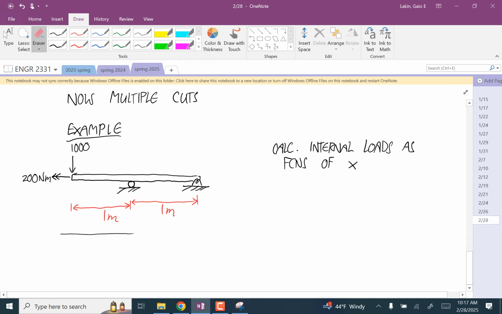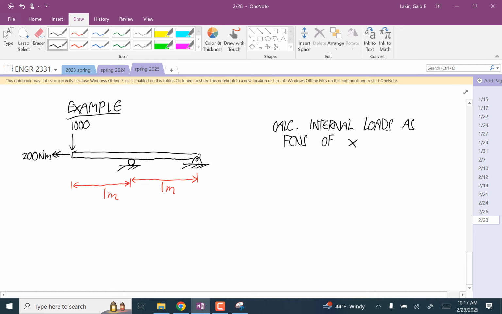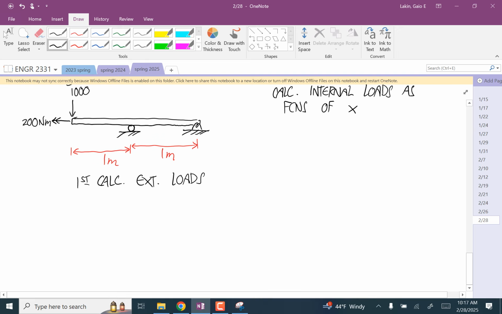well, let's first, before I start talking about it, let's just calculate the external loads here. So free body diagram of the whole thing. We have the 1,000 Newton force, 200 Newton meters.